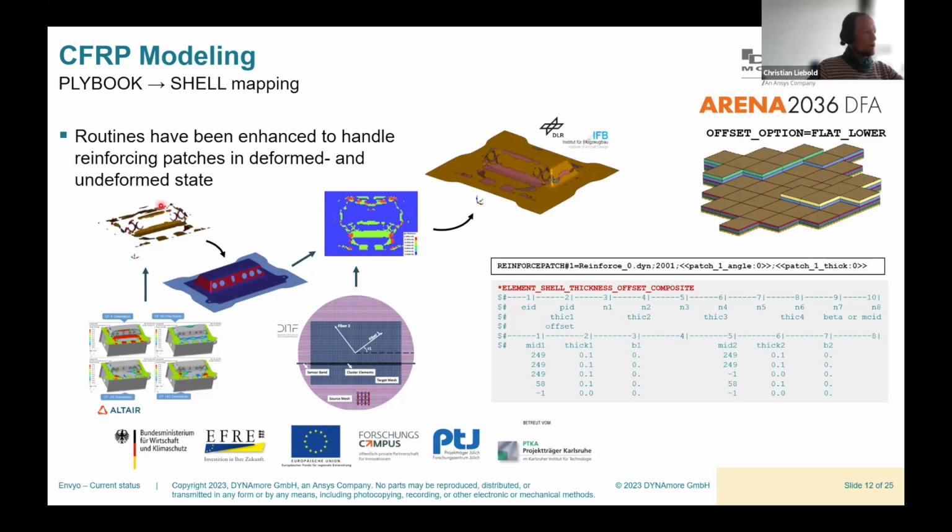And we could derive some specific elements which had dedicated orientations, which can be considered as reinforcing patches on our resulting structure. And we were able to map those onto the mesh we want to use for the forming. So that's basically what you see here.